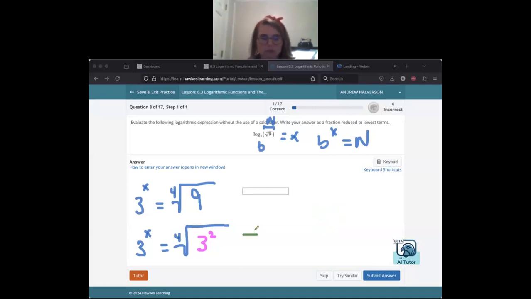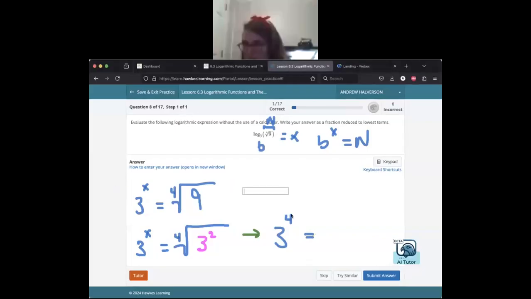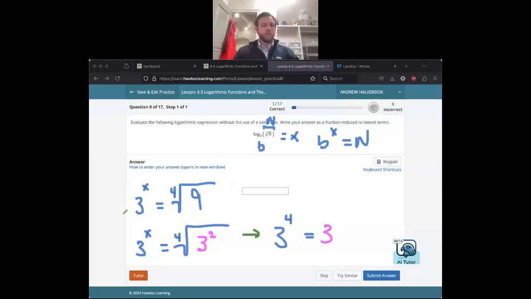Close. Flip it. The root becomes the denominator of the exponent, so it's 2 over 4.